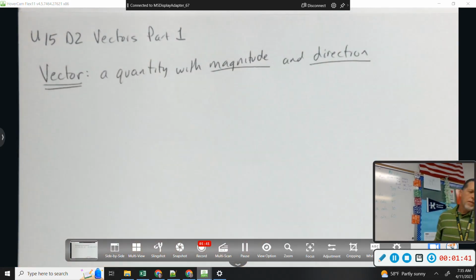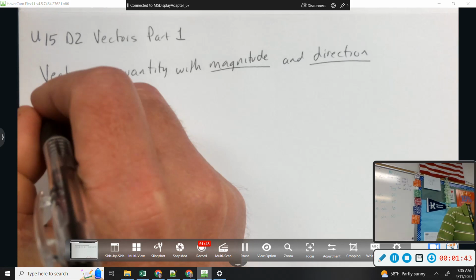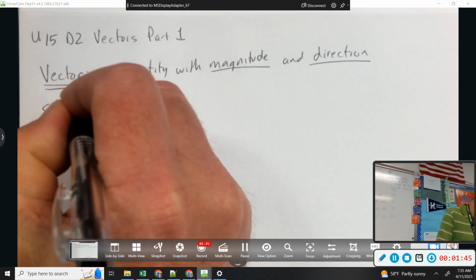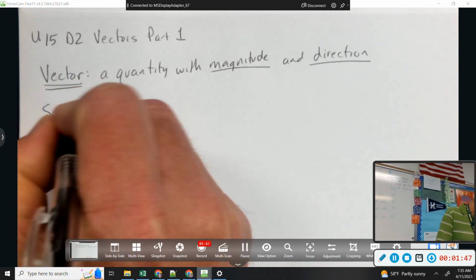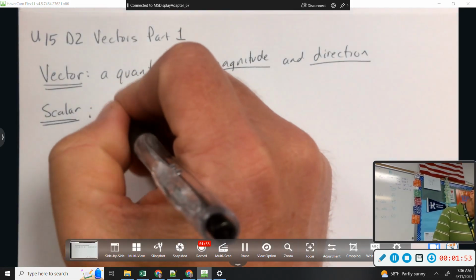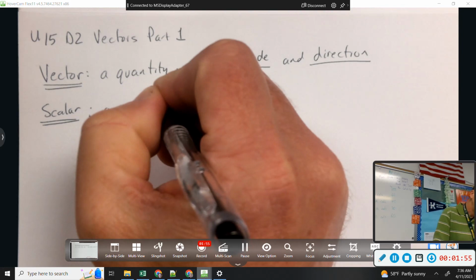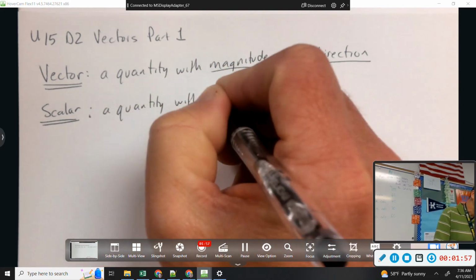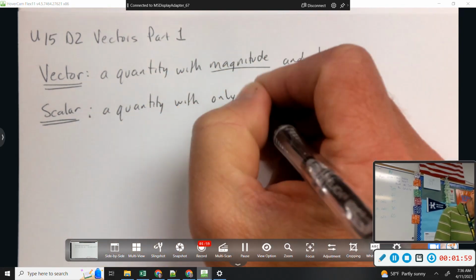So the vector has magnitude and direction, and maybe what helps understand that more than just those two words is vector as compared to a scalar. A scalar is a quantity with only magnitude.